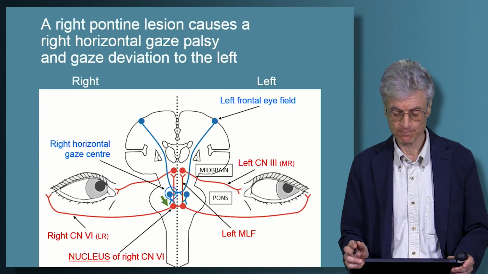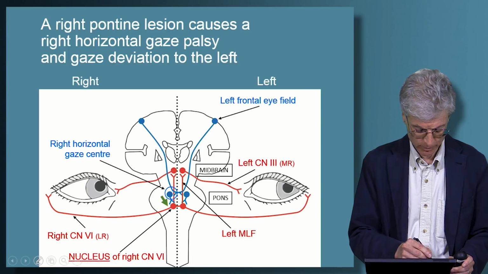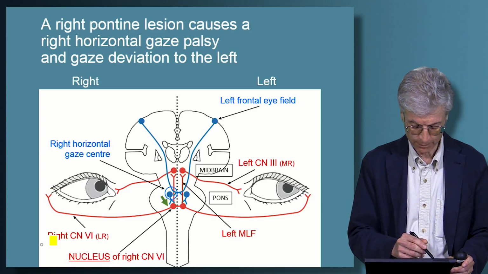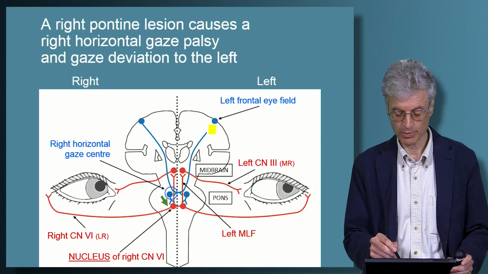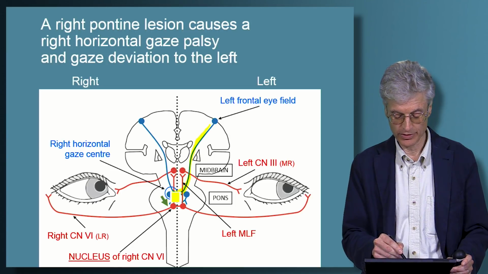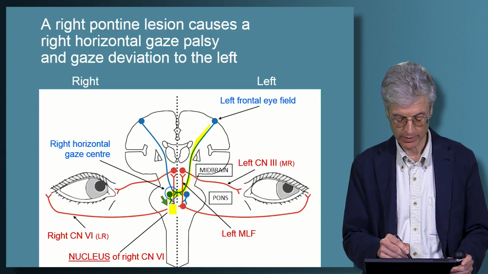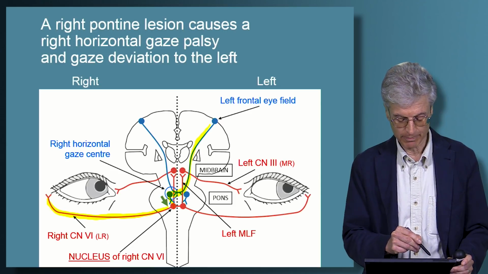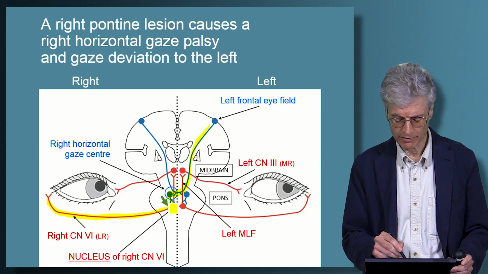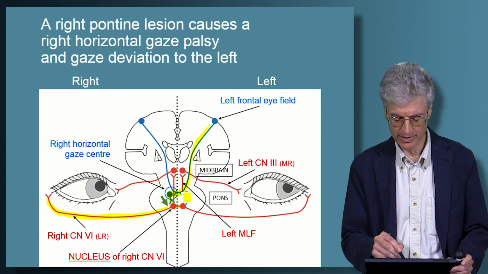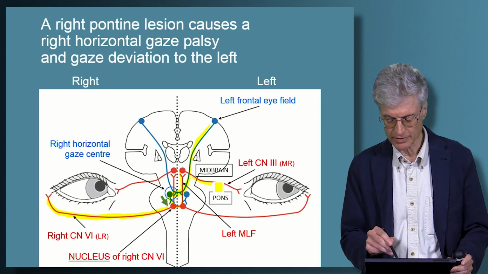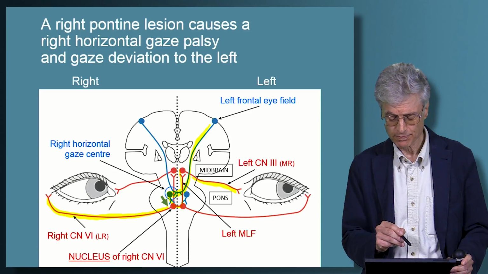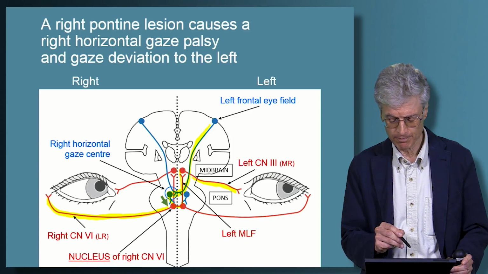And in this case, what was supposed to happen was the left frontal eye field was supposed to come down, signal the right horizontal gaze center, the right sixth nerve nucleus, the right sixth cranial nerve, and lateral rectus muscle, and via the medial longitudinal fasciculus, the left third cranial nerve nucleus, left third cranial nerve, and left medial rectus muscle to move the eyes to the right.